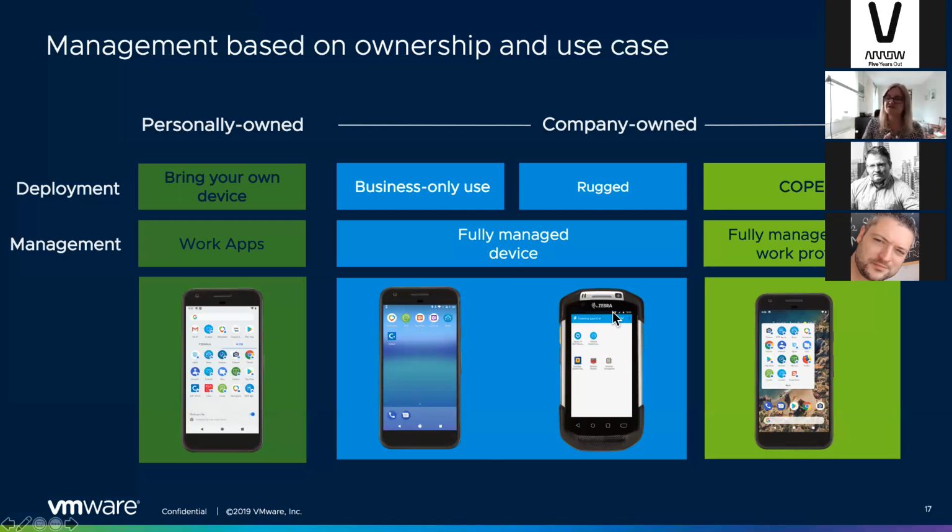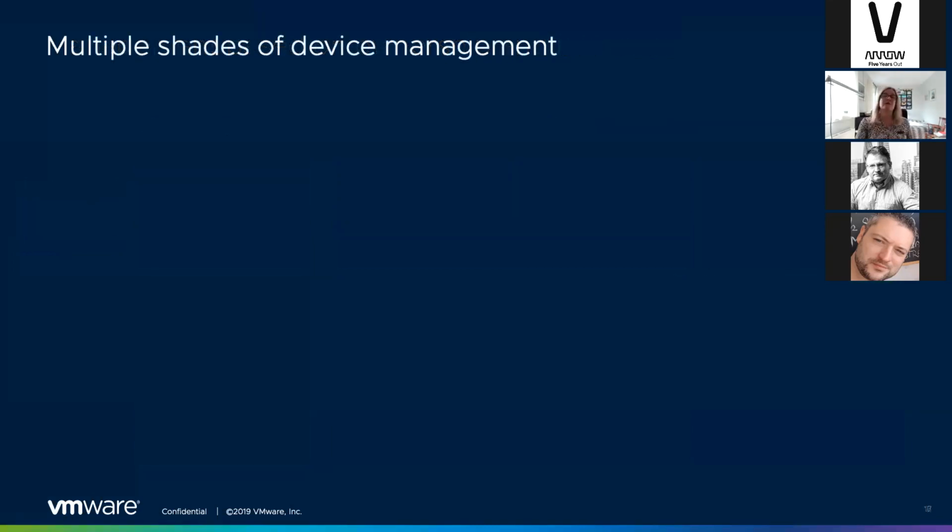These devices need full management as well. And then you have the corporate owned personally enabled devices, which is fully managed, but with a work profile. It's very easy to do with Samsung devices, but we also do that with Apple devices or other devices.